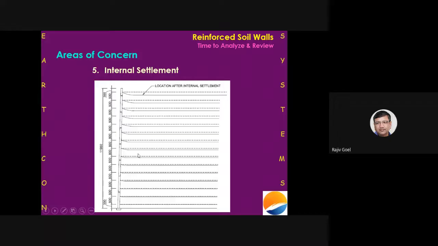If you have seen any RE construction, at these joints, we put compressible bearing pads to make my fascia little flexible, so that my fascia can undergo little compression or settlement, so that whatever settlements are happening because of backfill compaction can be accommodated. But that does not happen all the time. Your internal settlements can be much higher than your fascia flexibility.